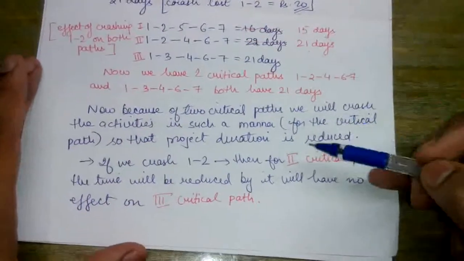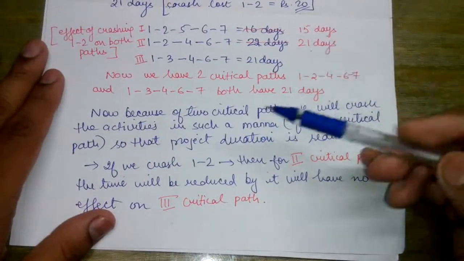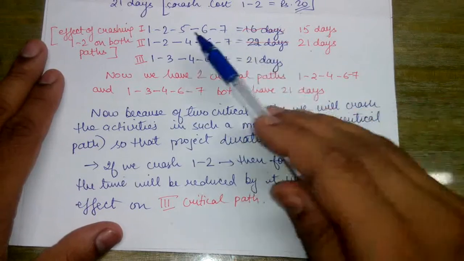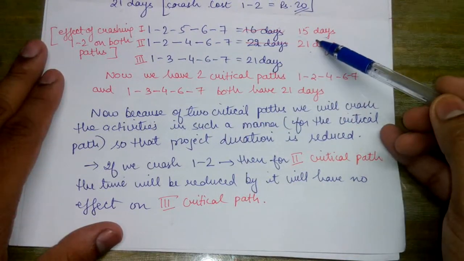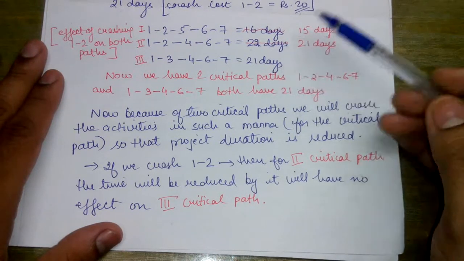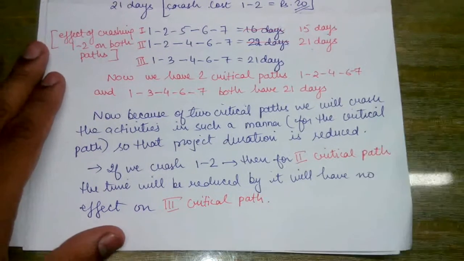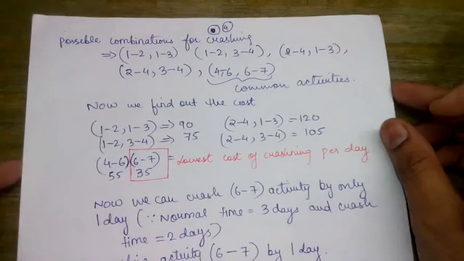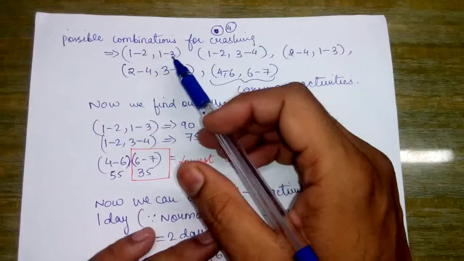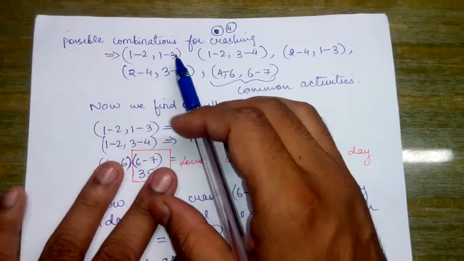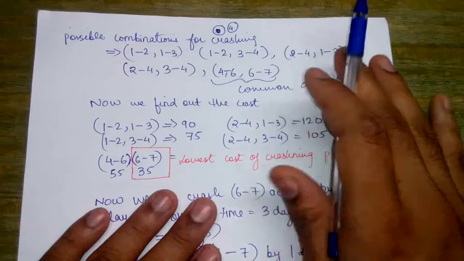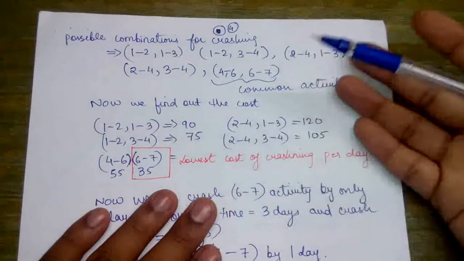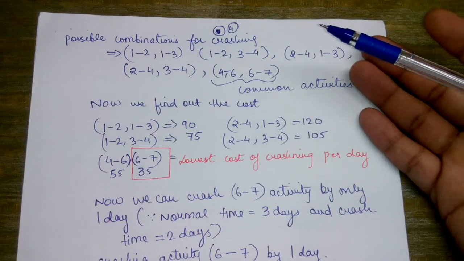So this is very obvious, that if we reduce the 1 to 2 activity by one day, then for the second critical path the time will be reduced by it, and it will have no effect on the third critical path. So for the critical paths, we are going to make combinations, and we will crash those combinations one by one in the order of their increasing cost.